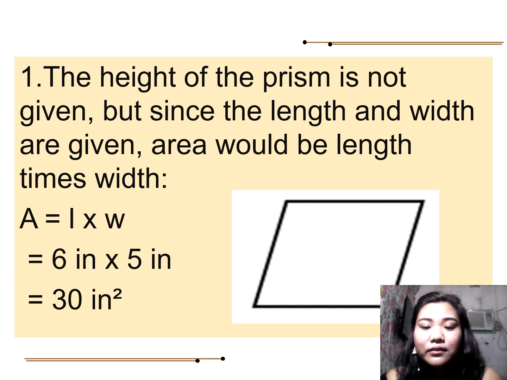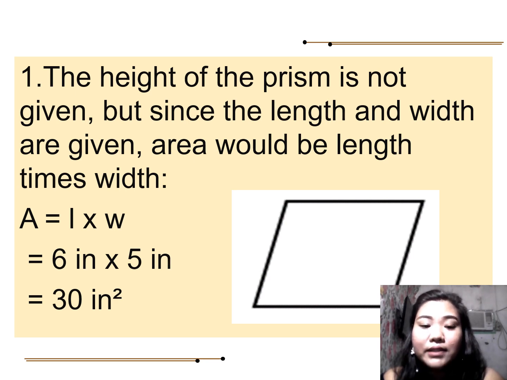Let us start to solve this problem by finding the area of this flower pot. The height of the prism is not given, but since the length and the width are given, area would be length times width.